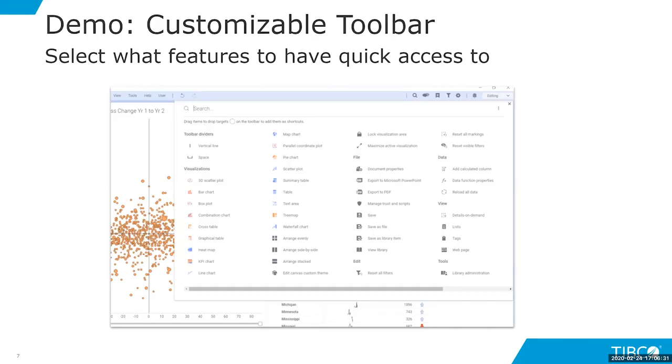So Spotfire 10 has a much less busy and more modern look and feel, but of course, that comes at the expense of not being able to quickly access some of the features.